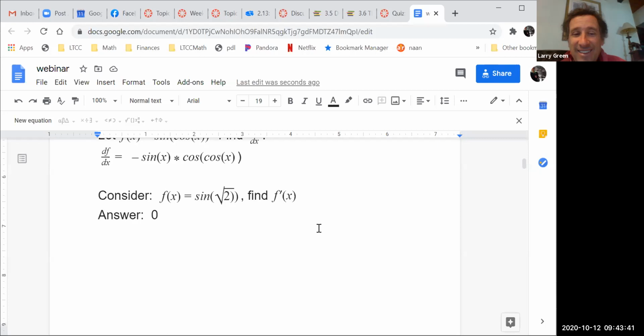So if there's no x, this is a constant function. Yeah, sine of 1.41, etc. You can put that in a calculator to get a number. And then notice that that's a horizontal line. And a horizontal line has slope 0. Okay, that's kind of the little bit more rigorous way of doing it. But easier is just the derivative of a constant is always 0.